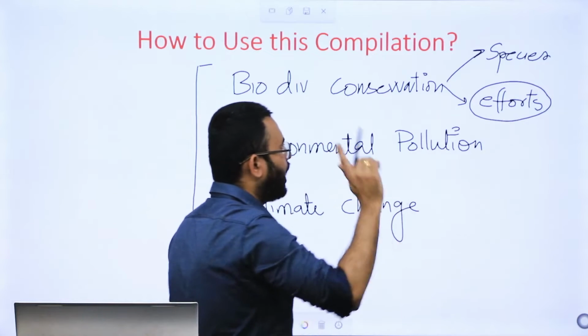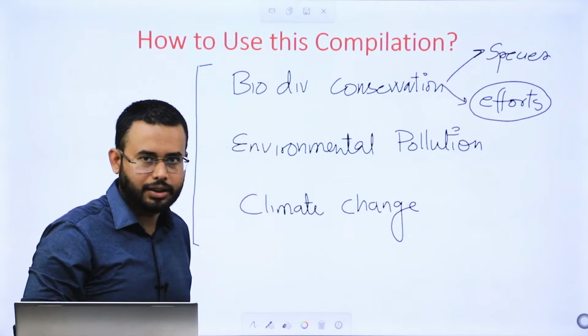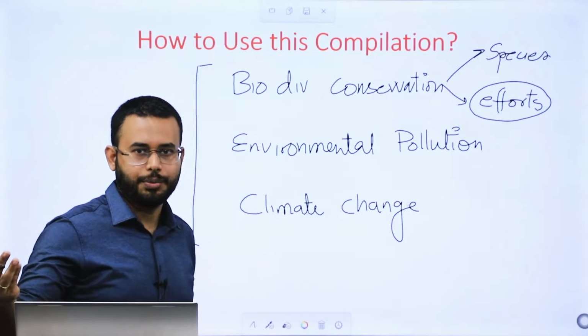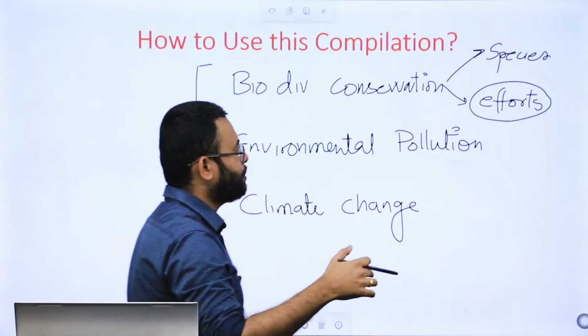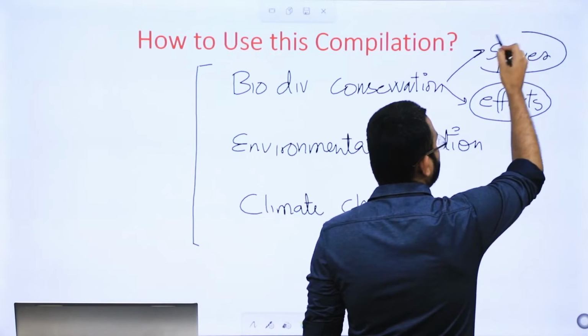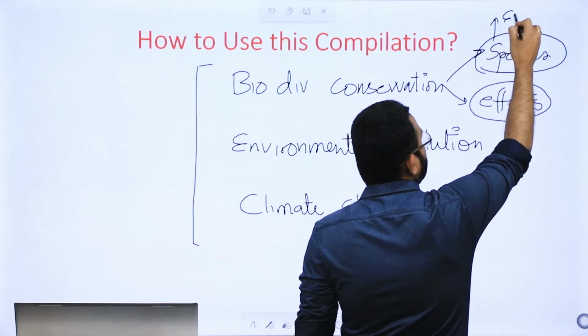Effort means effort to conserve biodiversity. That is an area of interest for UPSC. Or any species. Now in species there are 2 types. One is the static endangered species.